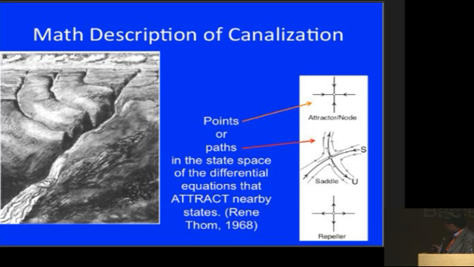They can be points where the state approaches from all directions. They could also be manifolds or paths. This is an equilibrium point that's a saddle. It has trajectories coming in along one axis.